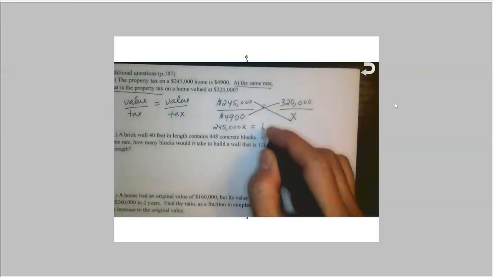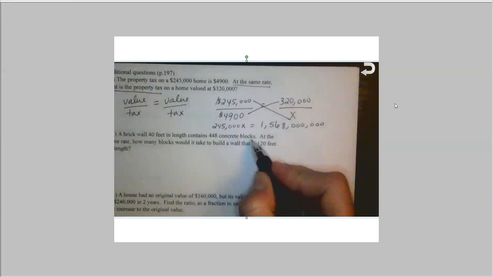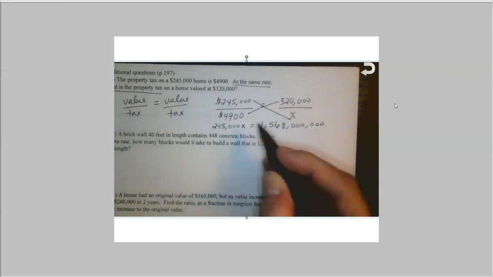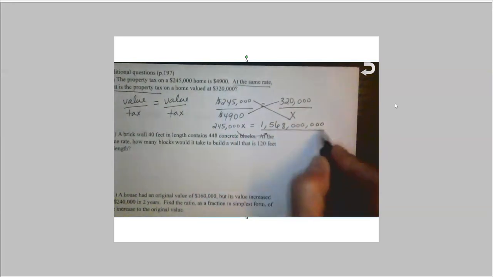So I'm going to multiply those, really big number in my calculator. I'm just copying that right down. We always divide by the number in front of the variable, which is 245,000 times X. I'm going to divide by that.